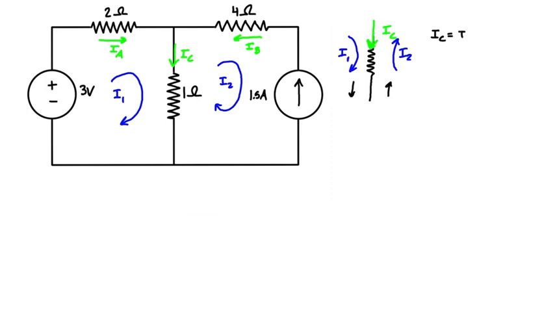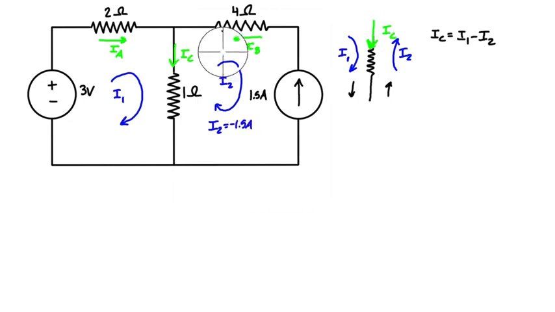So we have I1 minus I2. But if we look at this, I2 is going counterclockwise around the loop this way. So I2 is coming down like this. But we know that 1.5 amps is going up. So we know by inspection that I2 is going to be equal to negative 1.5 amps. So we can just say I2 is equal to negative 1.5 amps.